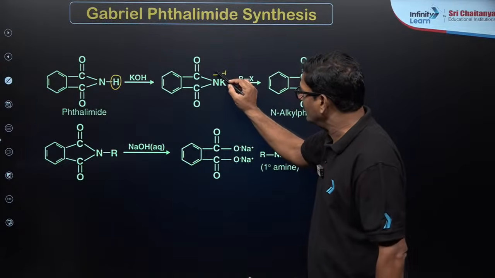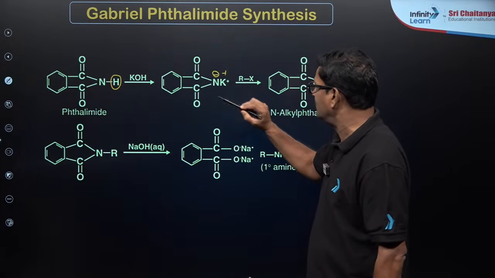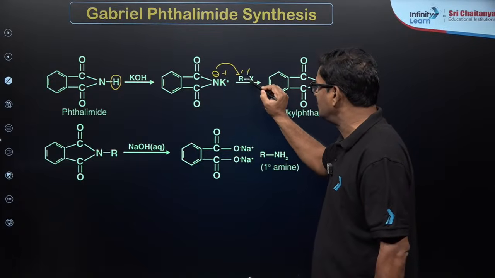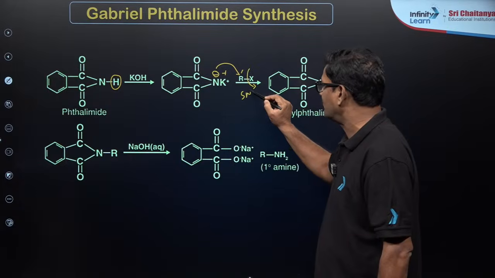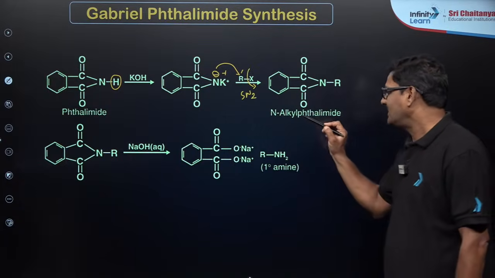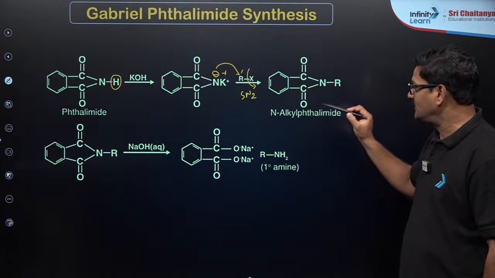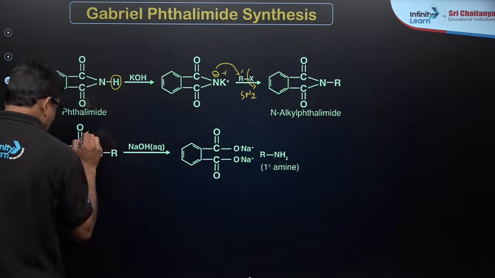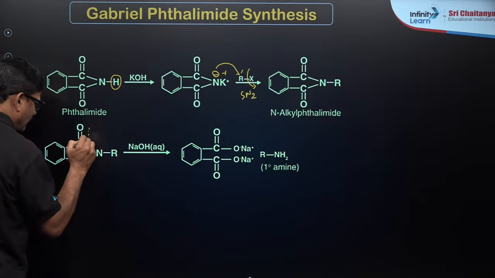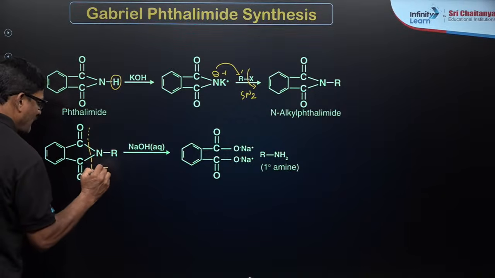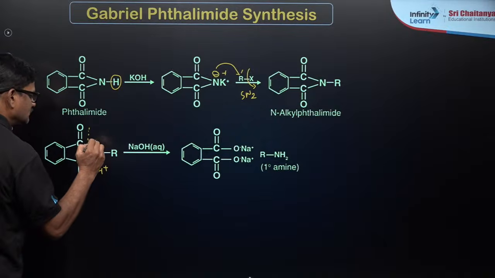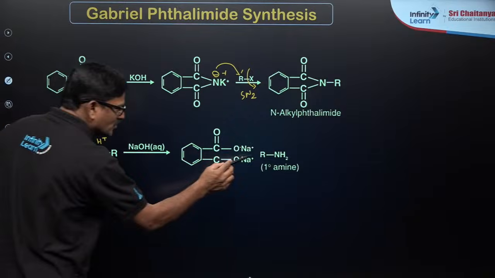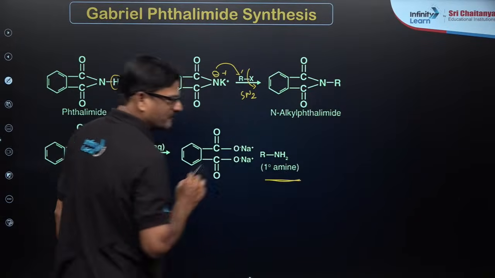You know, it's a very good nucleophile, and it is going to undergo especially the SN2 reaction to give N-alkyl phthalimide. This N-alkyl phthalimide on hydrolysis, you are going to get primary amine, NH2.